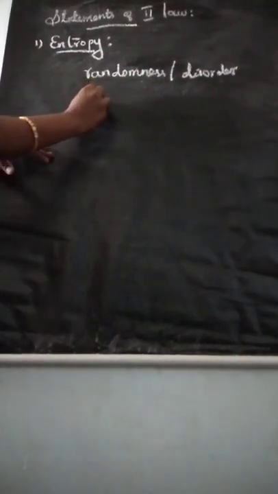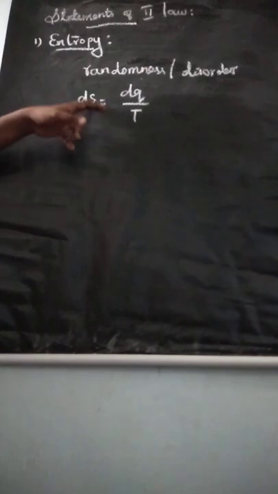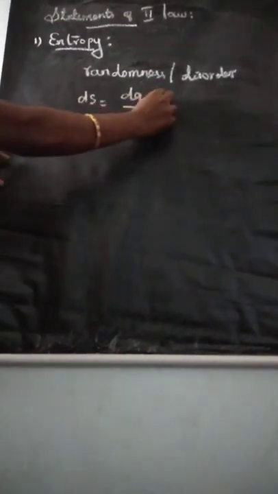Entropy dS is equal to dq divided by T. Here the process is a reversible process, so we write the formula dS is equal to dq reversible divided by T. That is the first statement: the first statement of the second law is the entropy statement.